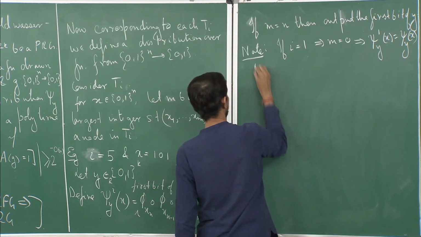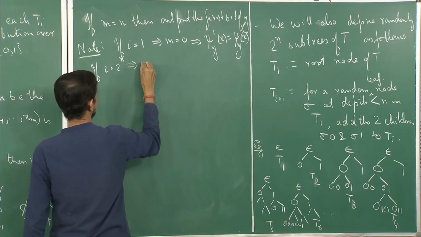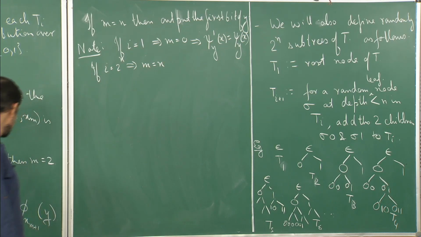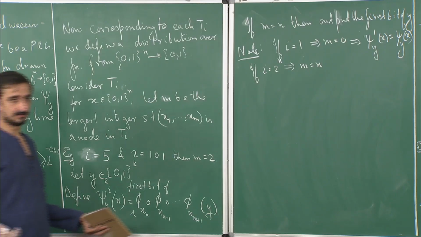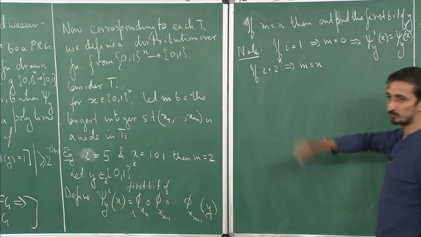On the other hand, if i equals 2 to the power n, then m will be equal to n, right? And if m is equal to n, then this is essentially choosing a random function. So if m is equal to n, then we just output the first bit.